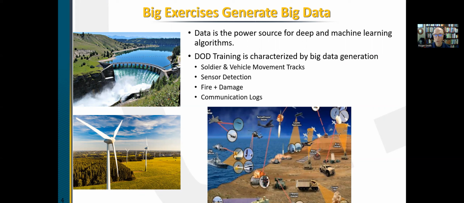And therefore, they look like they know what they're doing in the same way that a human knows what it's doing. But these algorithms can't function if they don't have those huge volumes of data. And DoD simulations are an ideal generator of those huge volumes of data to make deep learning work in some way.